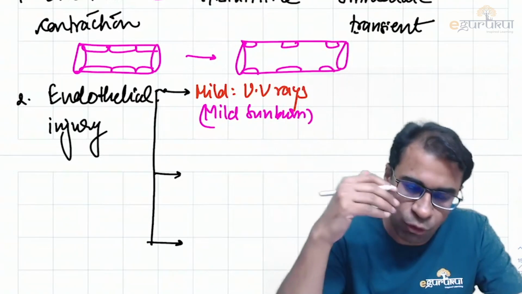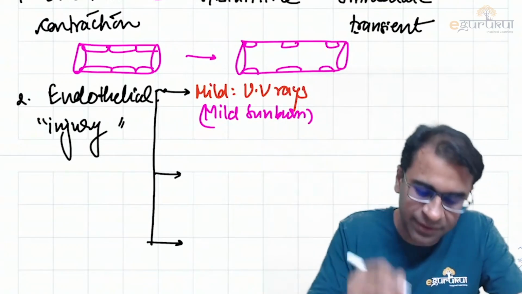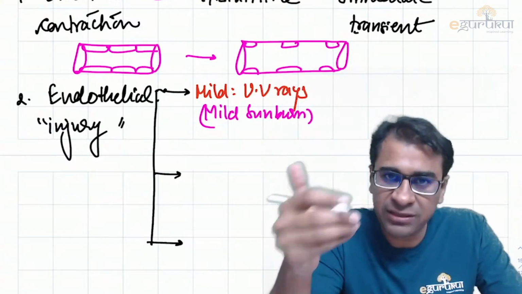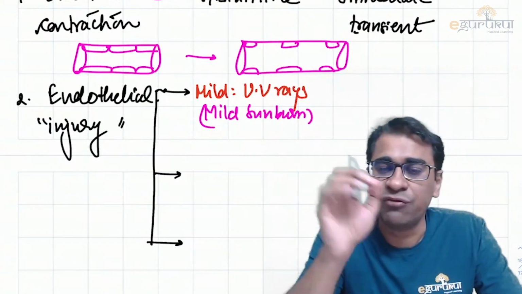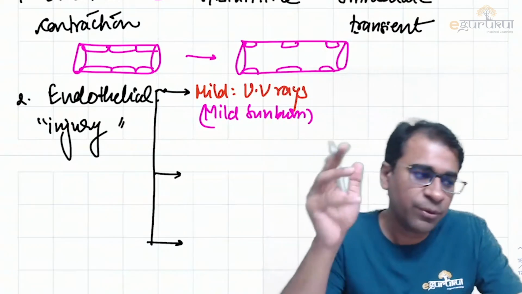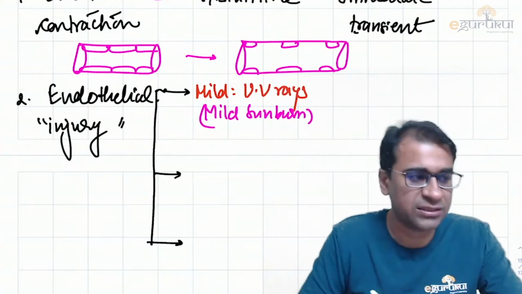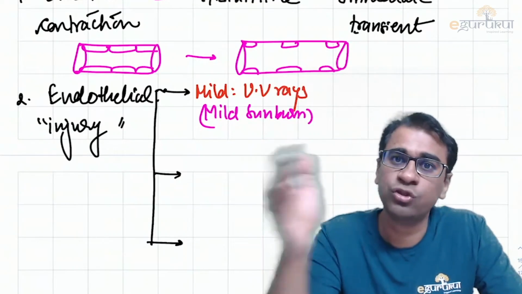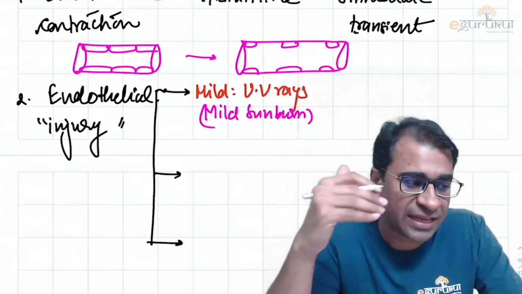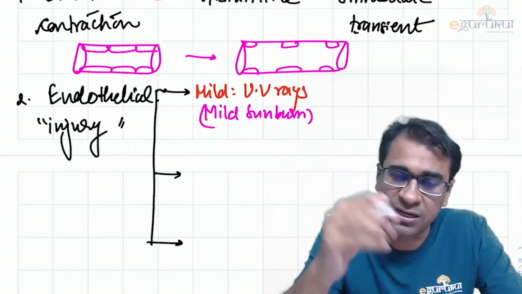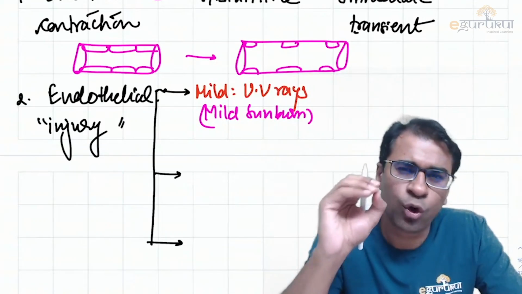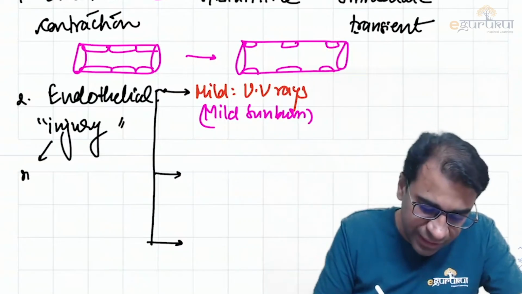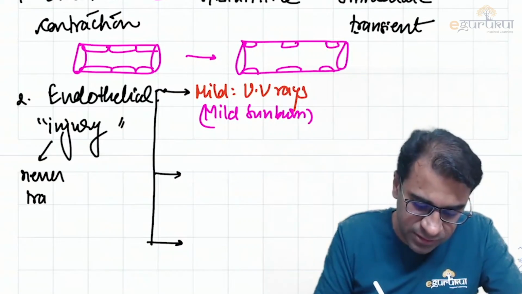This means whenever the injury has happened, obviously it will lead to increased permeability. But the difference is such permeability will be long lasting. Why? Because it has injured the vessels. Once the injury has happened, it will take some time for the vessel to come to its normal state, so such injury is never transient.